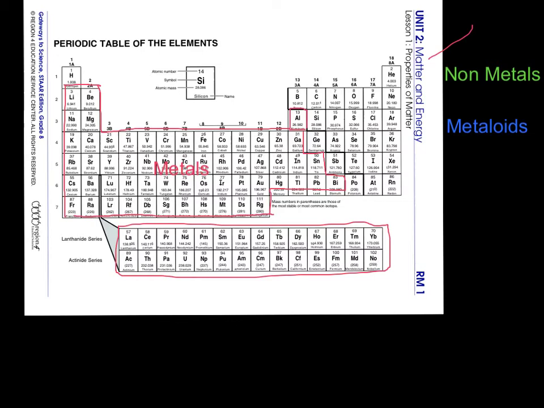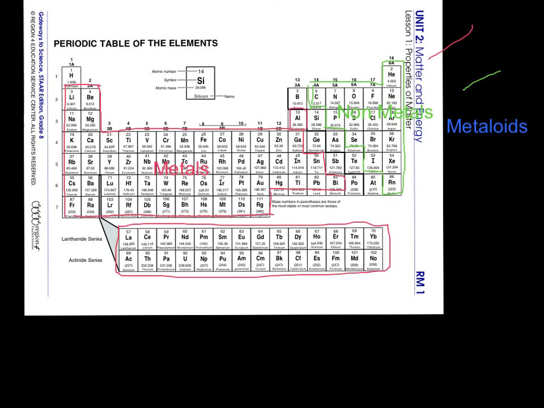The next group on the periodic table that we'll talk about are the nonmetals. The nonmetals are found all the way to the right on the periodic table. Again, they are to the right of the stair step, but not including those elements that are connected to the stair step. So I'm outlining them in green, and these are the nonmetals.